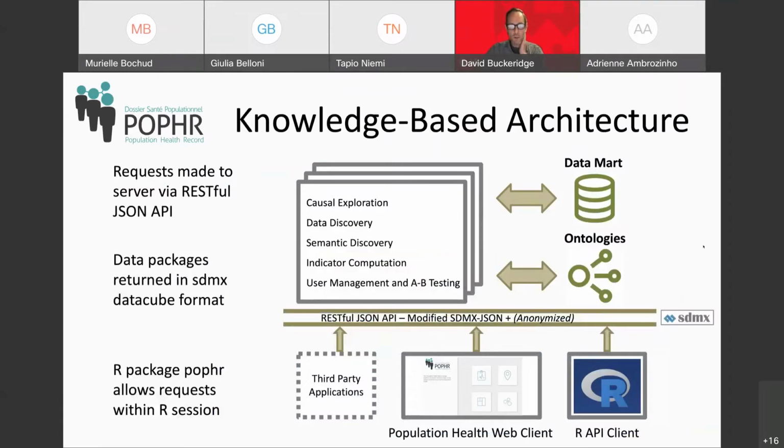Just a few words on the underlying technical infrastructure, and this is again still fairly schematic, but I just want to point out that we've put a lot of effort into creating an infrastructure that is knowledge-based. And by that, I mean we really want to keep the knowledge, which you see here in the ontologies, in a separate format or separate encoding from the rest of the algorithm and the infrastructure for the software.